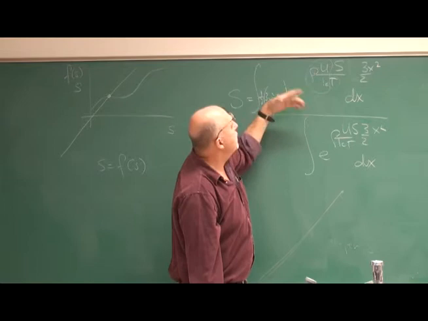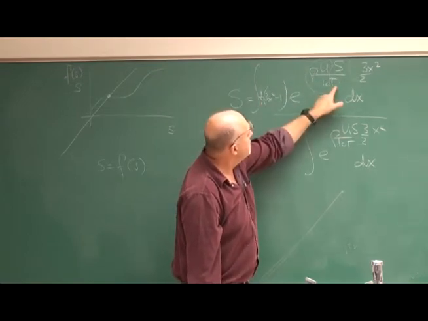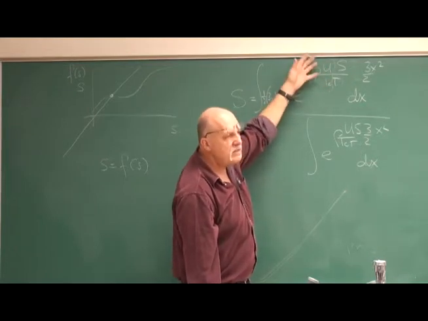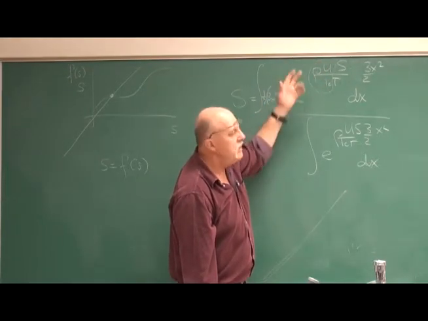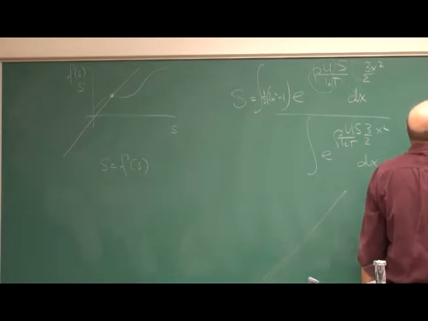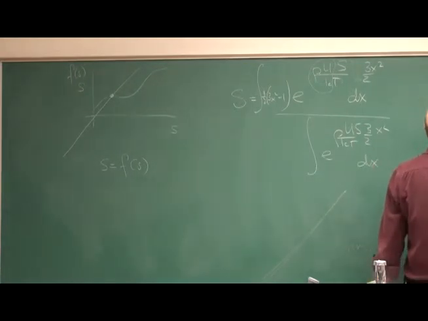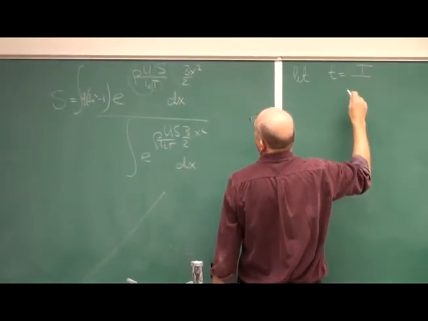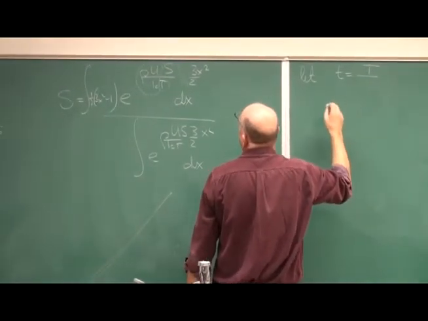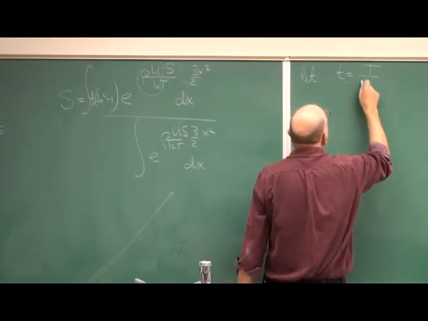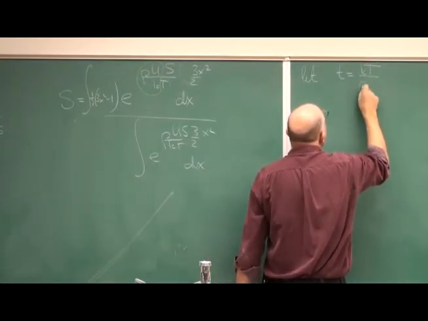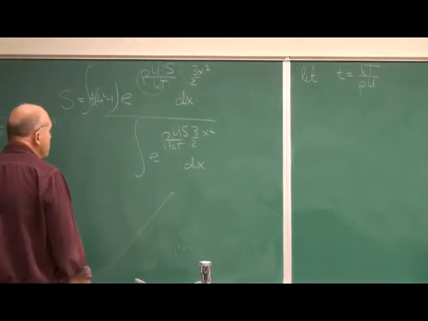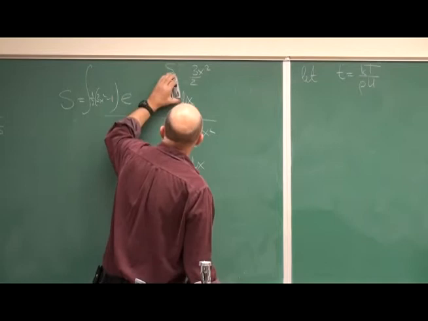So we can think that T divided by this thing is some dimensionless temperature, basically. So we can write that little t is big T divided by rho u. Yeah, it's kT over rho u. So now we can replace this just by little t.